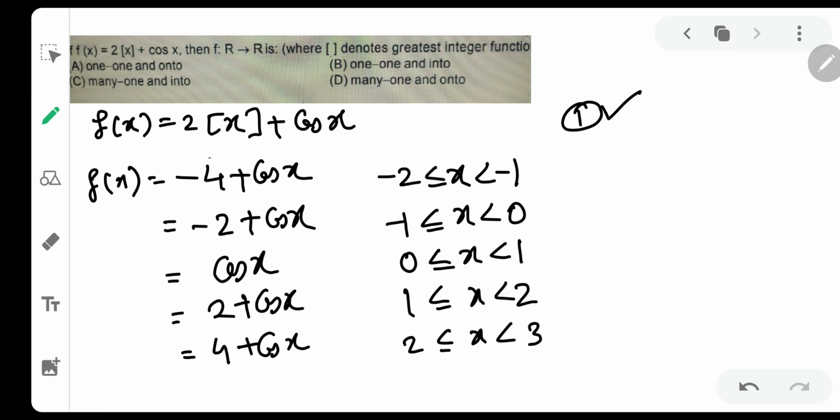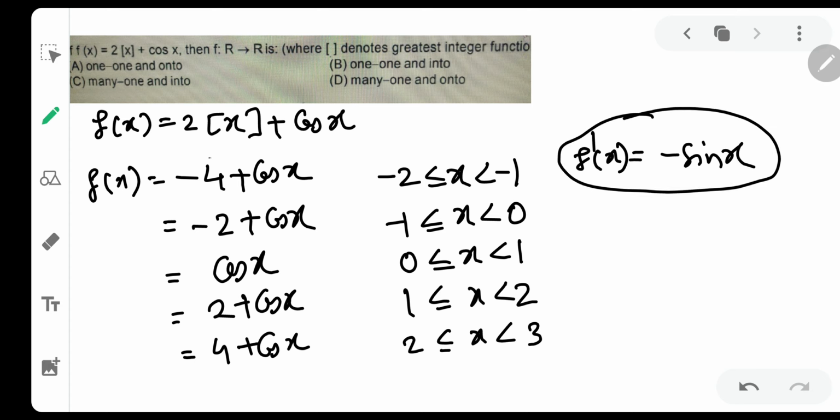Now, let us check whether it is always an increasing function in a particular domain or a decreasing function in a particular domain. So over here I am writing f'(x) is equal to minus sin x everywhere. Now tell me how to check whether it is increasing or decreasing.